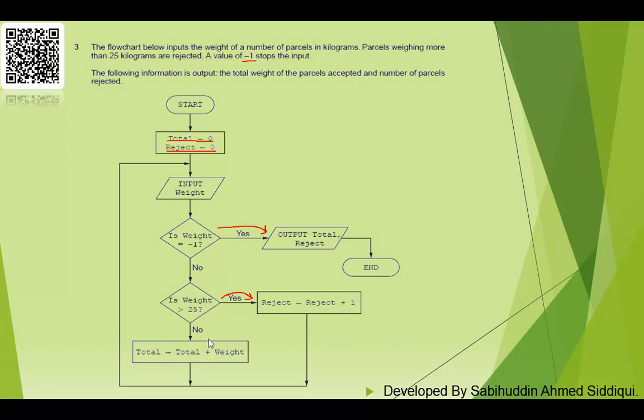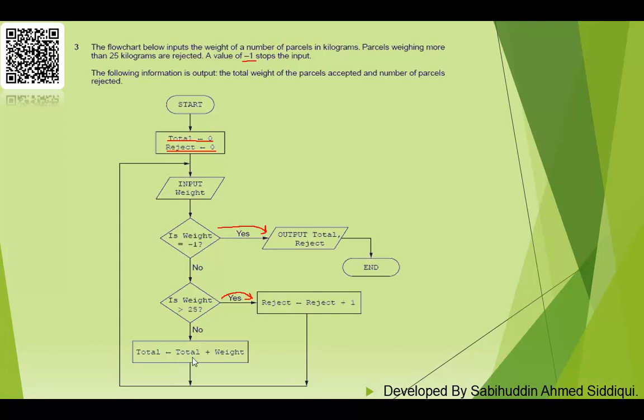If it does not satisfy the condition, then you are performing another action on total, where total equals total plus weight. That means you have to add the weight to the total. The weight is the number of kilograms which you are inputting from the user or from the system or machine.